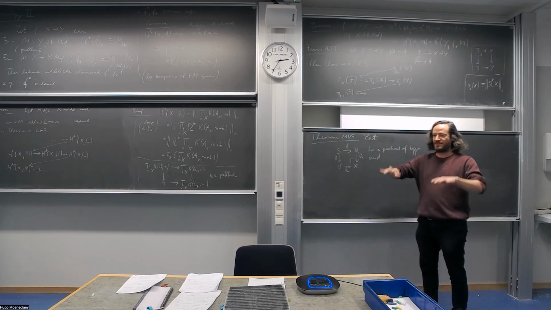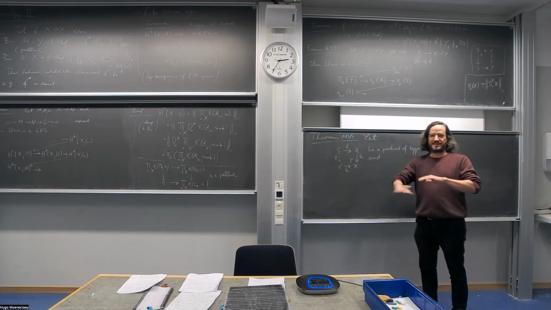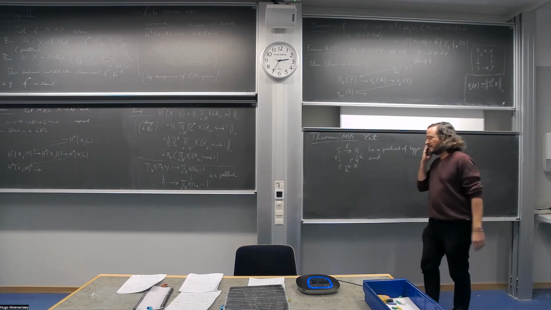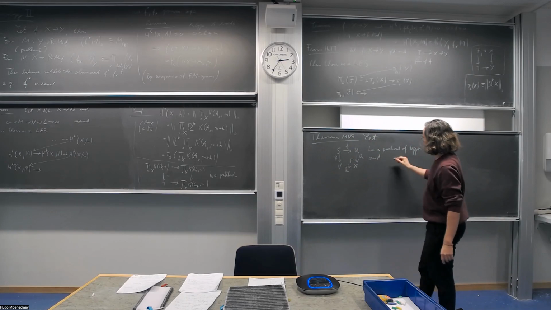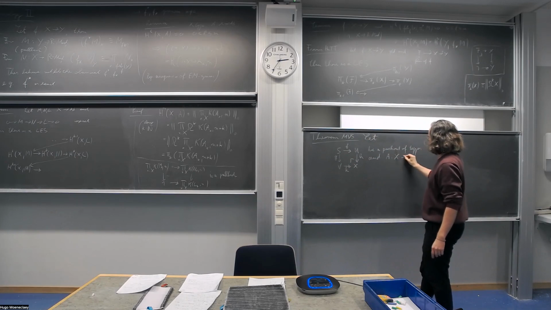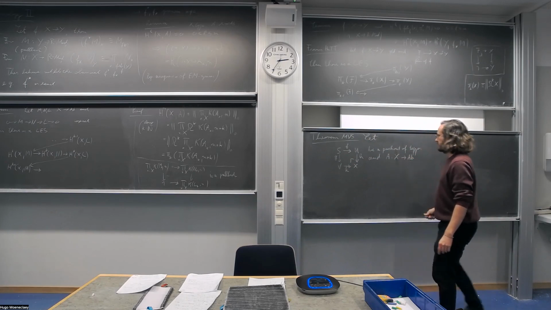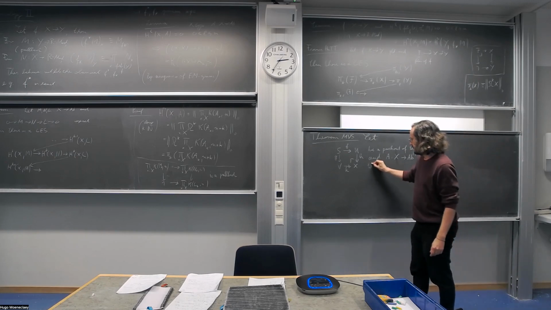So you have a scheme which is covered by two opens, and then this is the intersection, and you have a pushout, and then you just restrict your coefficients to the parts in the intersection. So that's the coefficient A, with values in abelian groups.